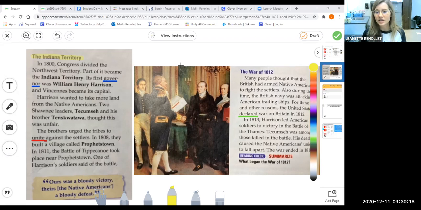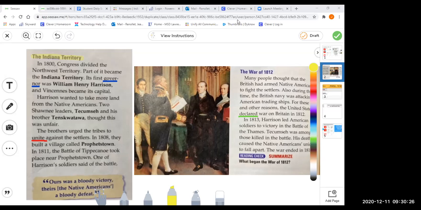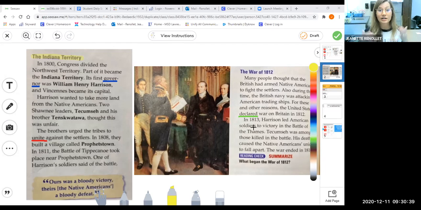Landon, what did you read in our text or talk about that's so important? In 1813, Harrison led American soldiers to victory in the battle. So we see some American colonists are starting to win some battles.